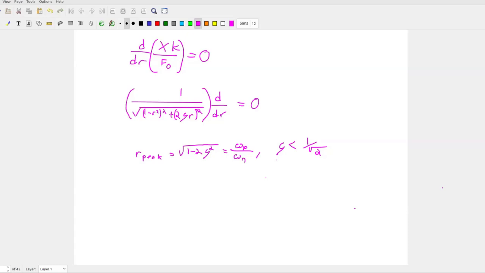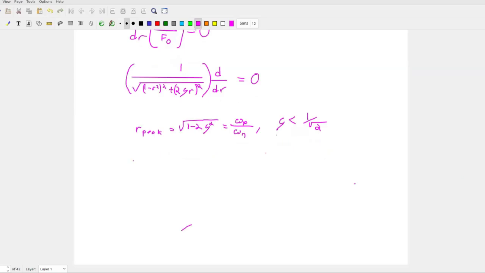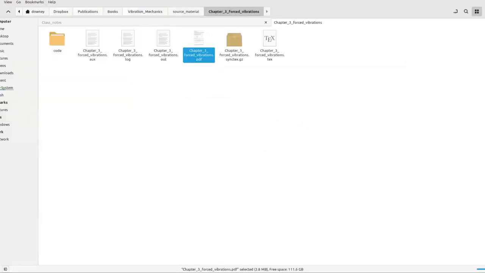So we can rearrange this a little bit. If you want to find your peak value at your frequency, you could say that omega peak is equal to omega n, so your natural frequency of your system, times r peak.